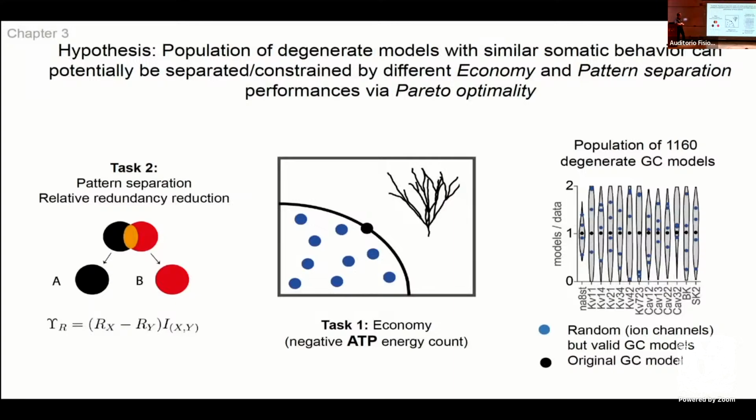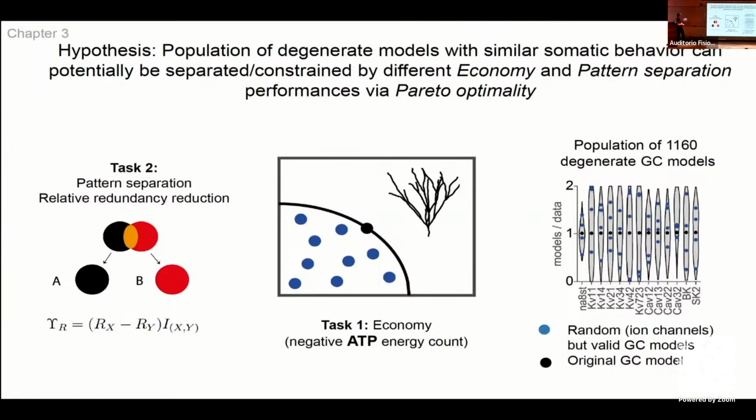But in doing so, we can get from one point in this function space to filling the whole space. And then by comparing each model with each other and only keeping the ones that cannot be outperformed in both of these functions, we can construct this type of line here, which shows you the best models regarding these two functions.